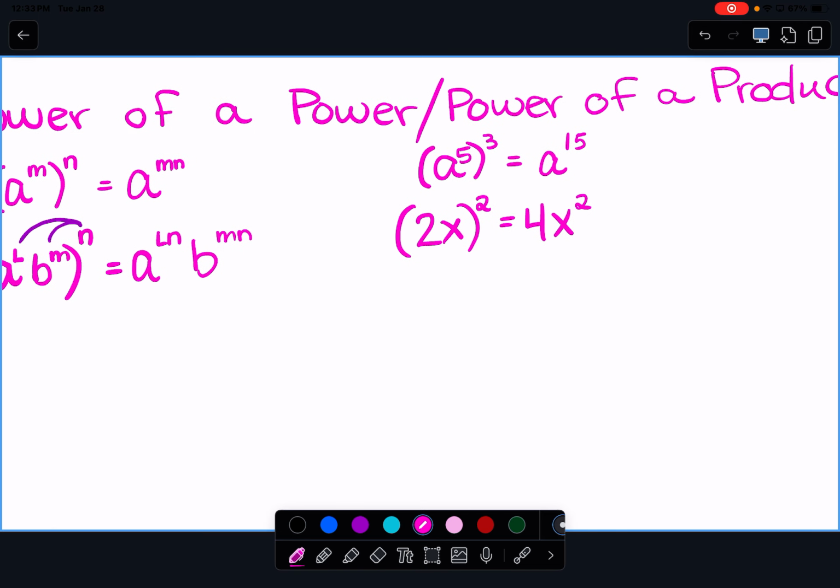Let's do a to the 5th power times b to the 4th power, all to the 5th power.